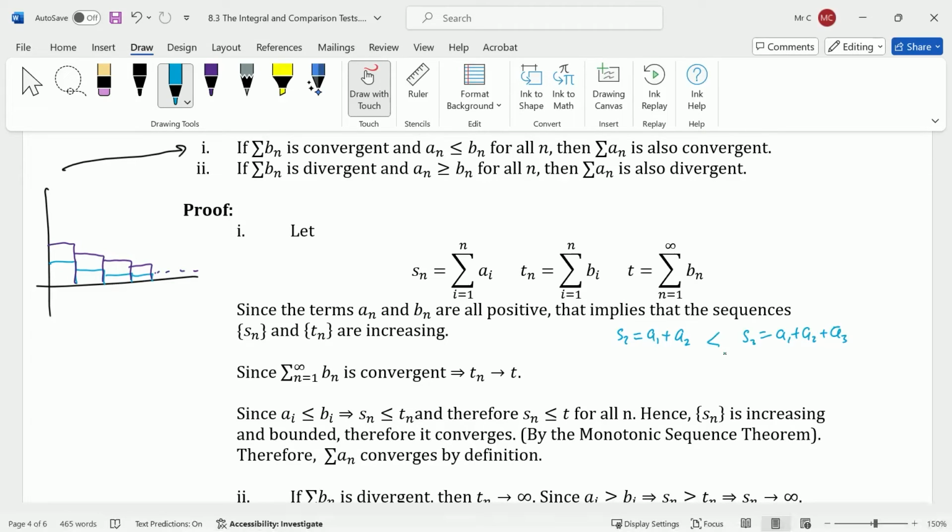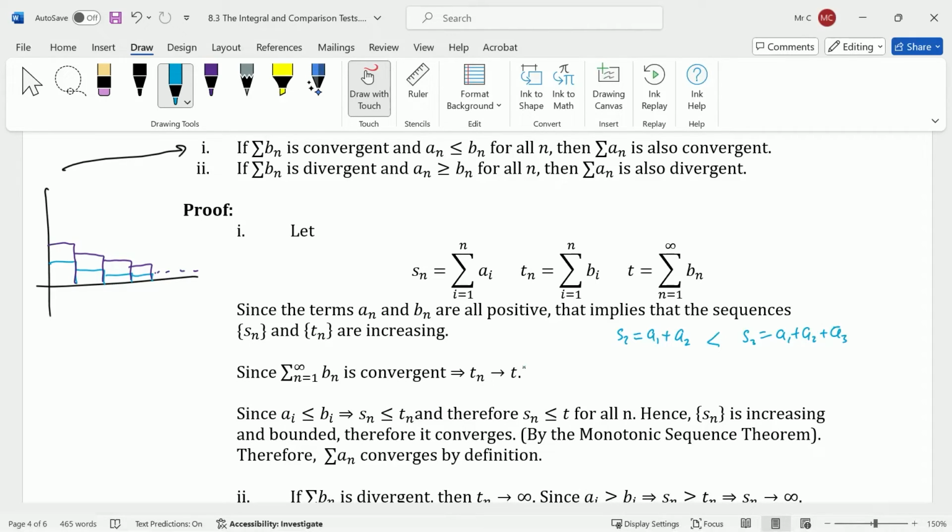And the same thing is true for these partial sums t sub n. So both of these partial sums are increasing, and since the infinite series for b sub n is convergent, then t sub n is approaching that value for that series t. The partial sums are approaching t.